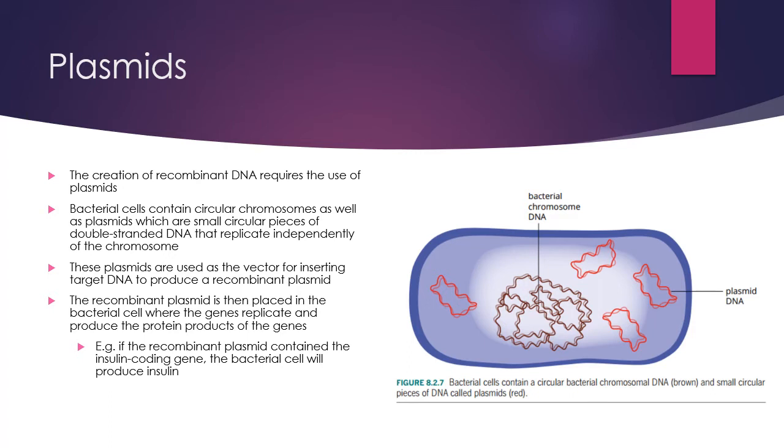So we call them a vector, and we're inserting target DNA in there to produce a recombinant plasmid. That is then placed into the bacterial cell. The genes can replicate, so they'll do what they would normally do in a cell, and then we're using the bacteria to produce the protein product that we're wanting.